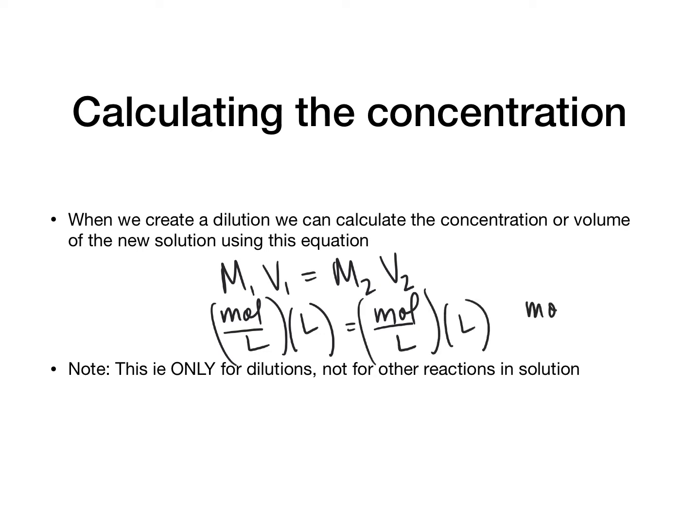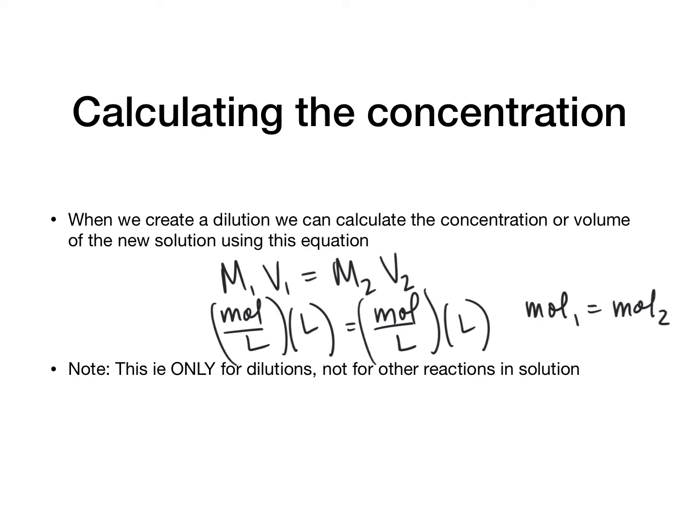So the amount of moles in solution 1 is equal to the moles in solution 2. This makes sense because if you remember back to the graphic on the previous slide, we took a quantity, the equivalent quantity out and just made it more dilute, meaning at a greater volume.